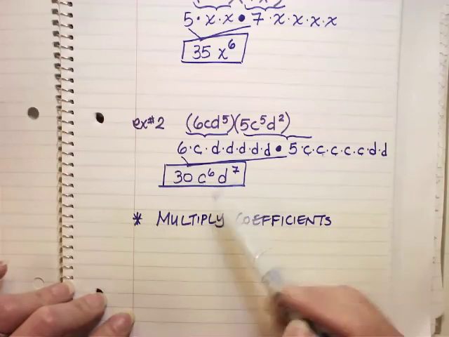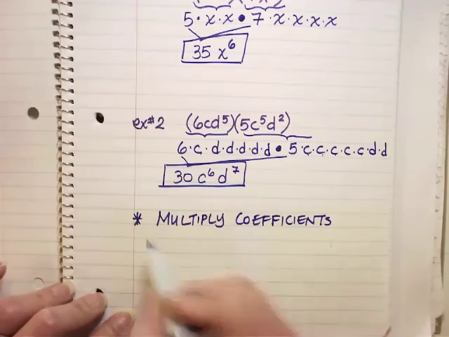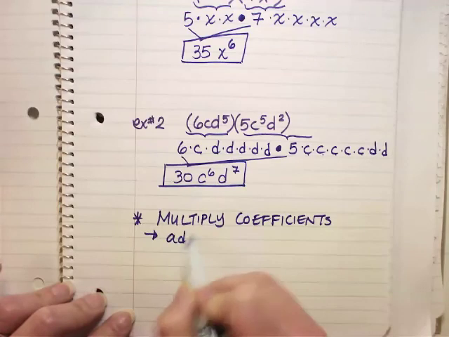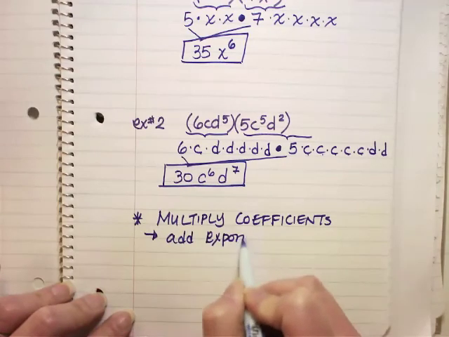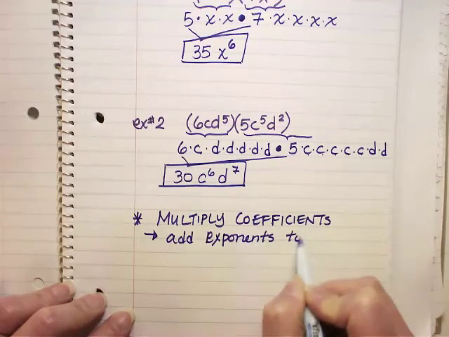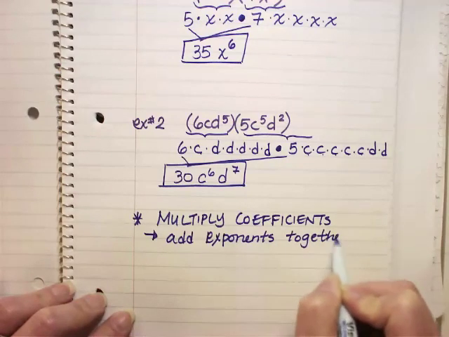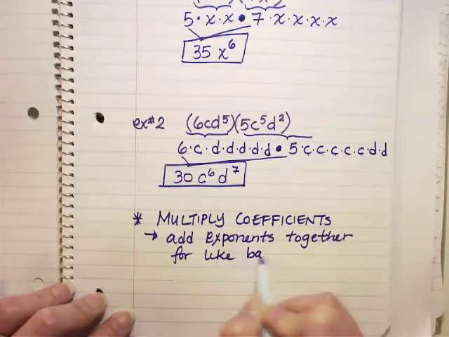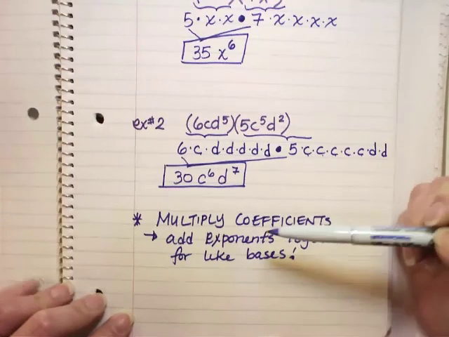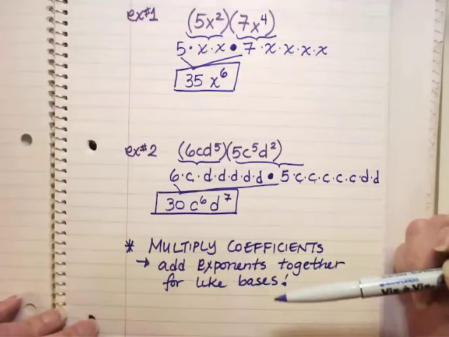So multiply the coefficients, add the exponents together for like bases. That means if they're like variables, exactly the same variable, we can add their exponents together.